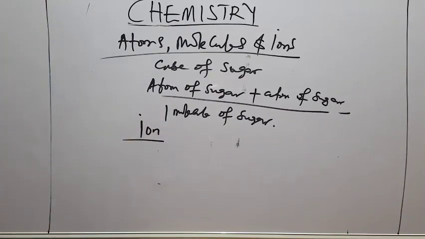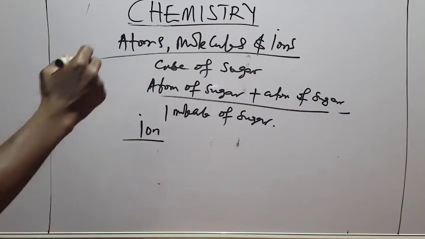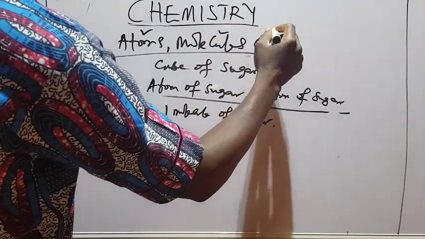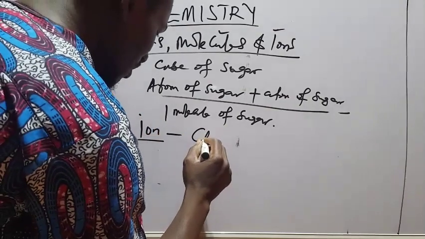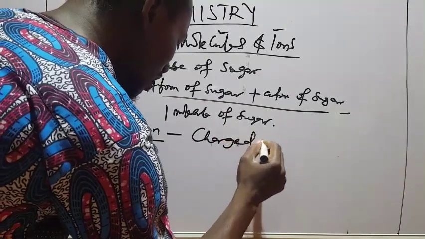So let's look at an ion. Generally, ions are charged particles. When you talk of particles, you talk of atoms, molecules, and ions. The difference between these three is in their chemical or physical characteristics. Atoms and molecules are not charged. They do not carry any charge, either positive or negative. Ions are either positively charged or negatively charged, and that is why we say ions are charged particles.